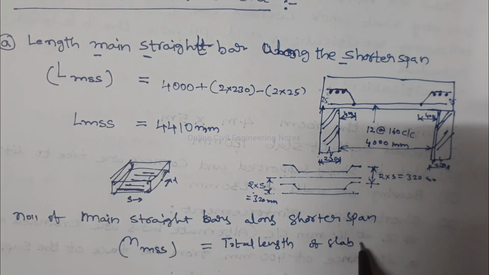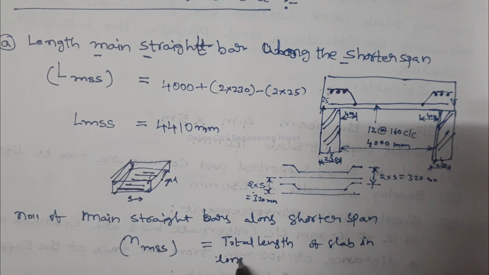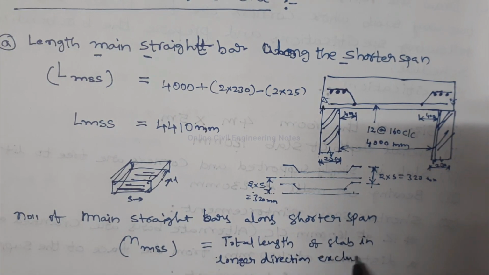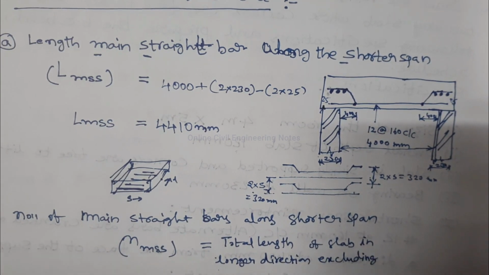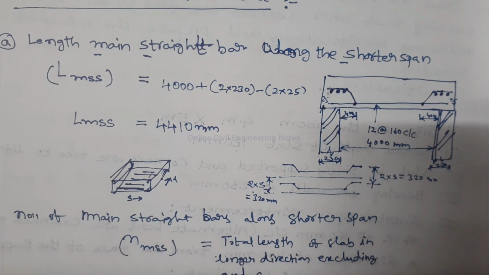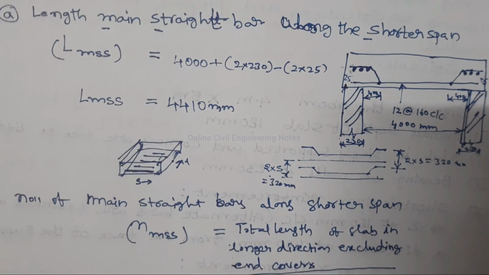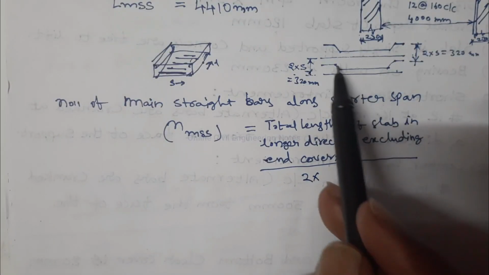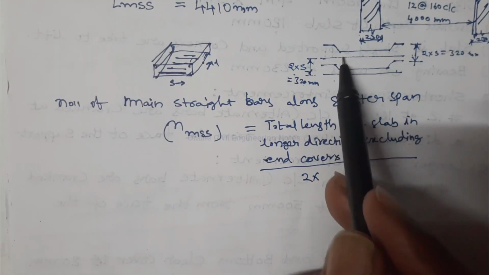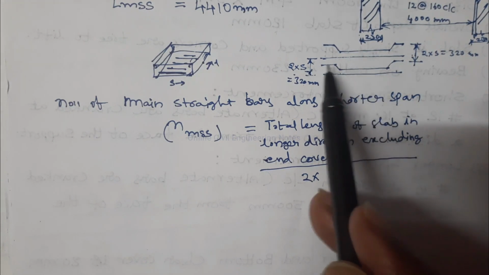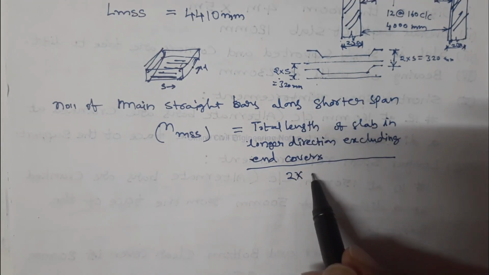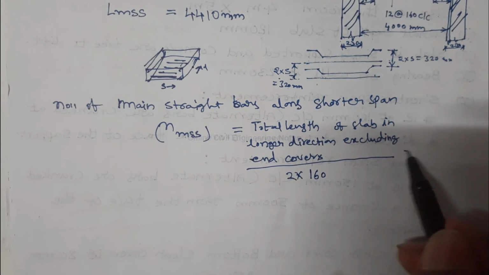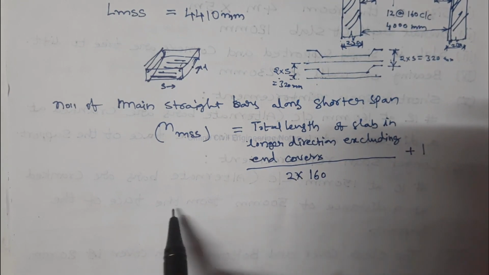Total length of slab in longer direction excluding end covers divided by 2 into spacing. See, this is the arrangement of straight bars as well as cranked bars. 2 into spacing given is 2 into 160 mm plus 1.